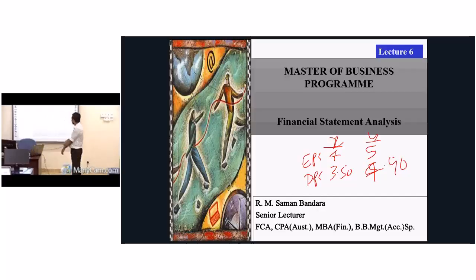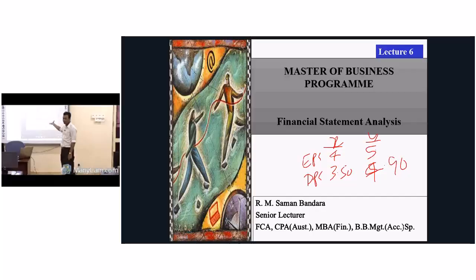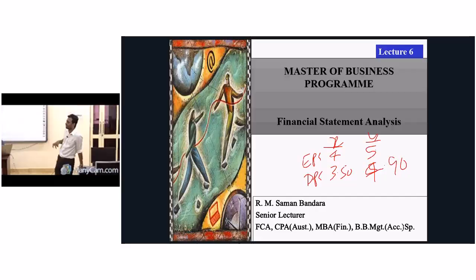Now this is a simple example. Look, the way that we need to think. By looking at ratios, you can't say it is good or bad, but think from what point of view you are going to look. If it is an existing shareholder or existing investor, then yes, it is good to be in Y. But if you are a new investor, no need to go for Y. Better to go in X. Why? Their dividend payout ratio is a little less.